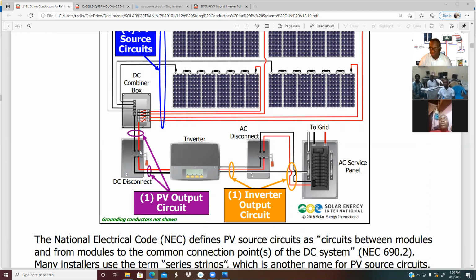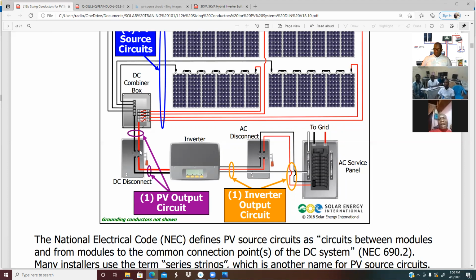A safety switch or another DC breaker can be better, to disconnect between the charge controller or the inverter. This is why you put this DC disconnect switch between them. They tell you it is the DC disconnect from the combiner box to there.